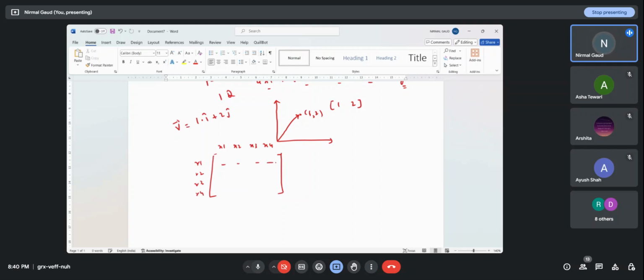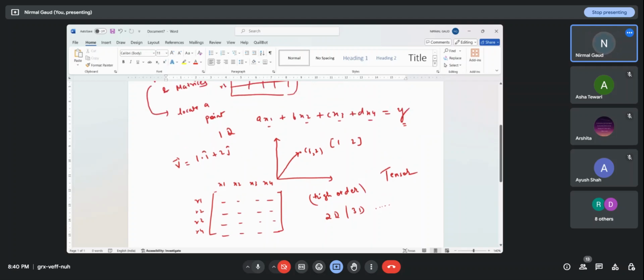Whatever values are present in your data can be written here. So this is a matrix. And high order, it can be 2D, 3D, and it can be more, and that will later be converted to a tensor. All right, such representation is a matrix representation, and this is your vector representation.